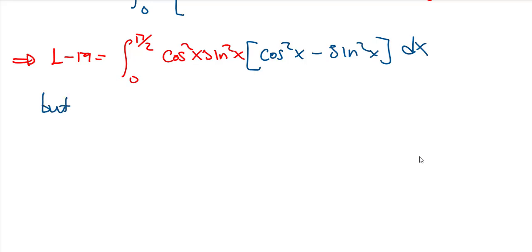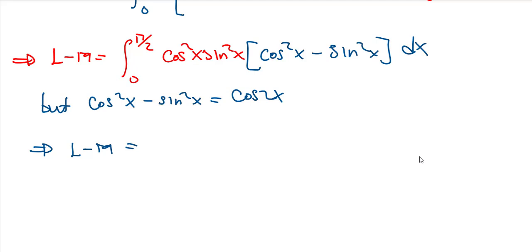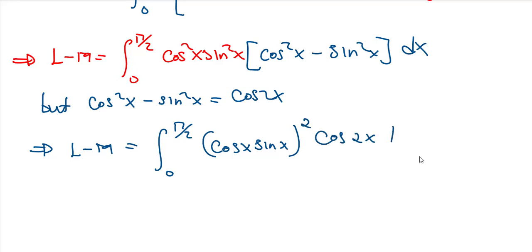We know that cos squared x minus sine squared x gives us cos 2x from double angle identities, and so L minus M will be equal to the integral from 0 to pi on 2 of cos x sine x, all of this squared, then times cos 2x dx.